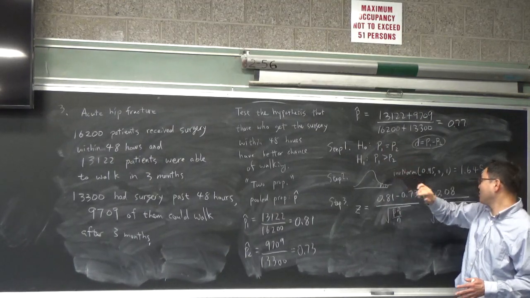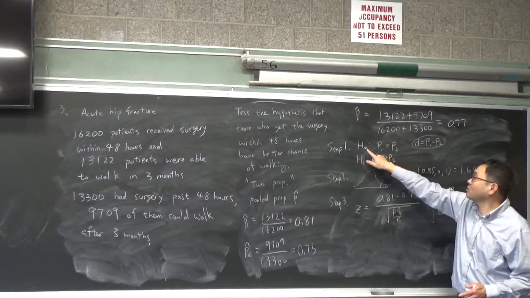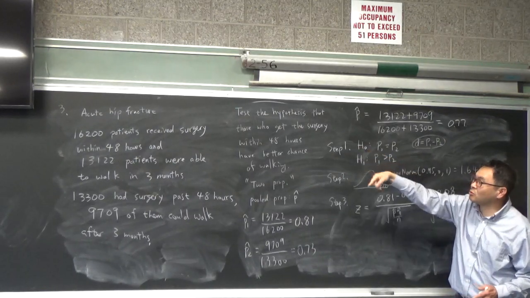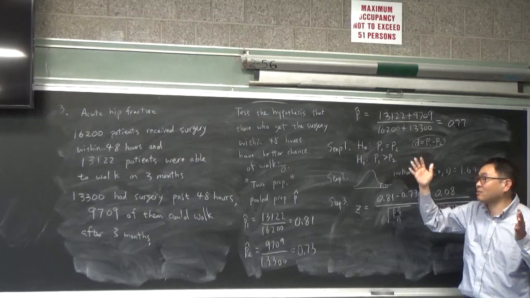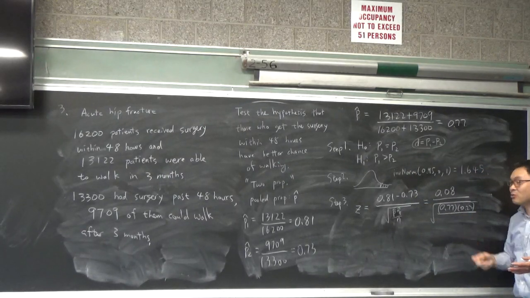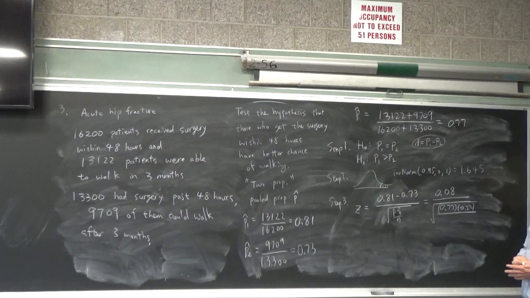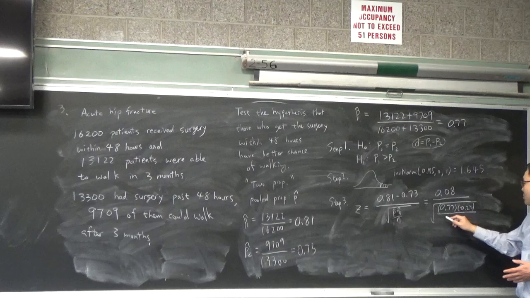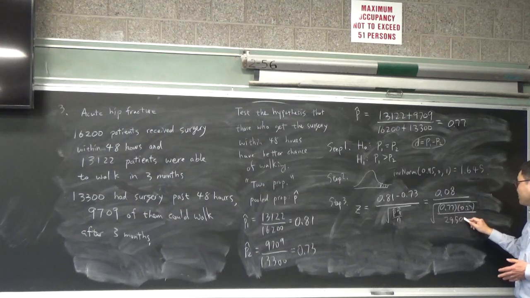So that means you're thinking of the two things as one gigantic sample, and therefore that's your N, okay? So what are we using here? 29,500.